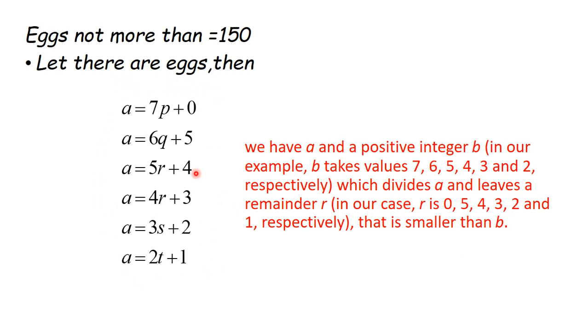The answer to this puzzle is that if you apply a trial and error method, your answer will be 119. There were 119 eggs. If you start counting in 7, nothing will remain. If you count in 6, 5 eggs will remain, and so on.